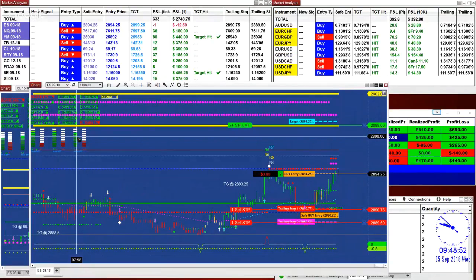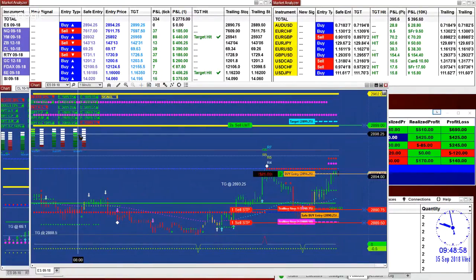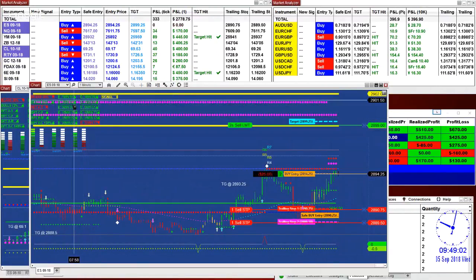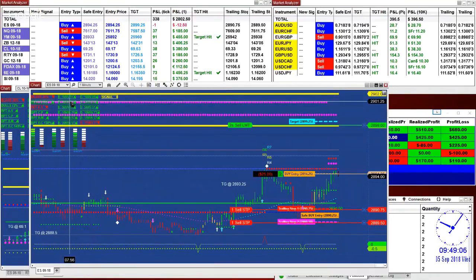Those indicators come in conjunction with 6 different higher time frames, and it looks like from the 1 minute to the 30 minutes there is very good, strong momentum here.